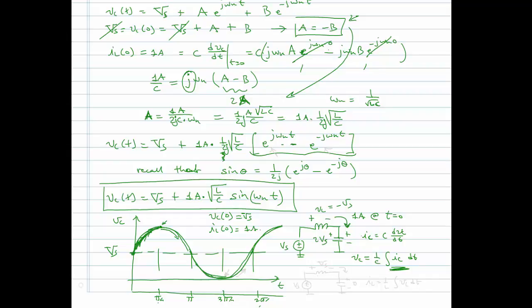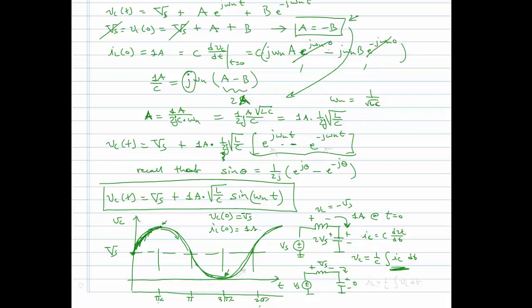When you get down to this point here where the capacitor voltage is 0, you now have a situation where you have Vs on the left and basically no voltage on the right, and so you have a positive Vs across the inductor, and that causes a positive increase in the current.